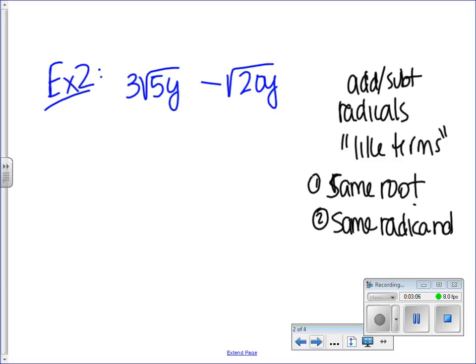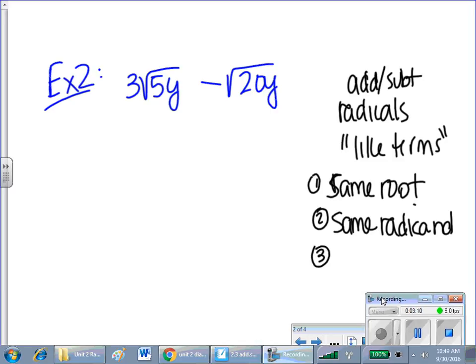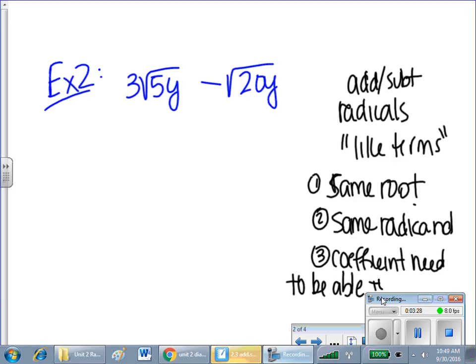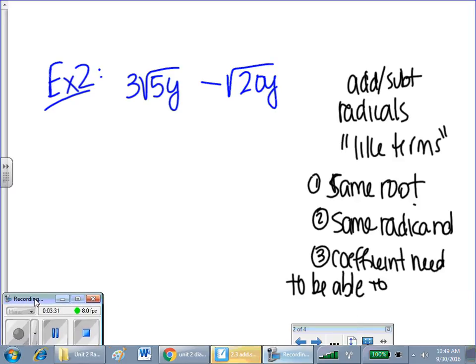And they also need to have coefficients in the sense that if there's an x with one, there has to be an x with the other one. So we'll look into that also. So we'll say the coefficients need to be able to be added or subtracted.